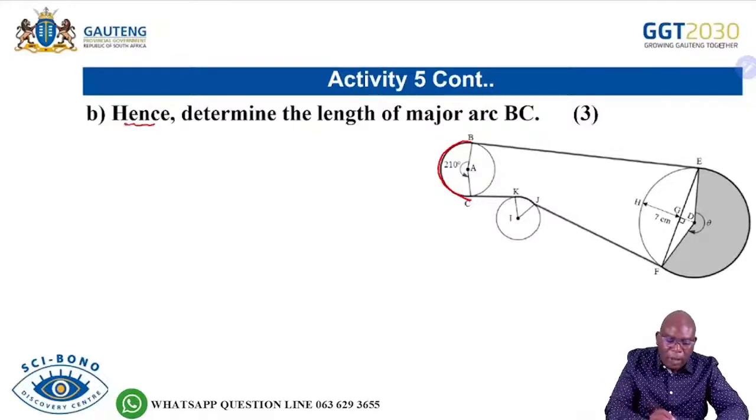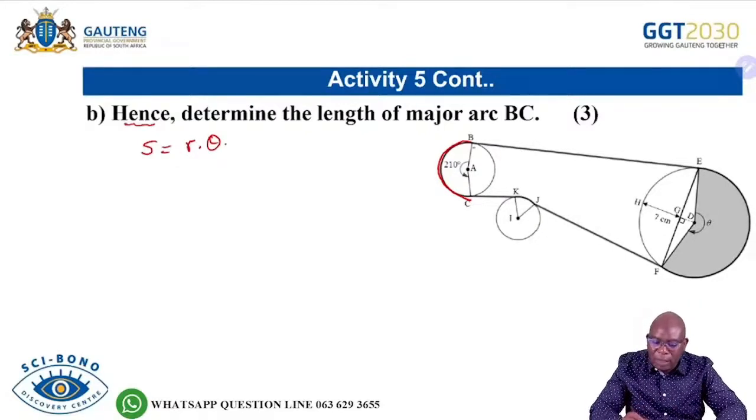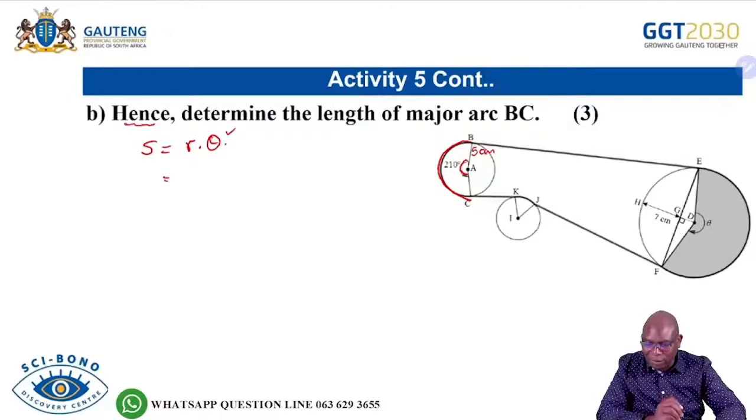Remember, I already have S equals R theta. I already have my radius, it's 5 centimeters. The central angle is 210, so I already have theta in radians from the previous one that I've done.